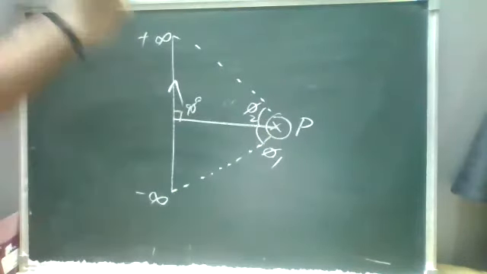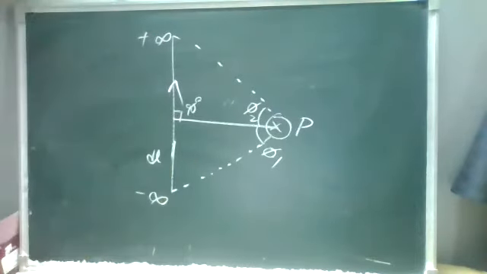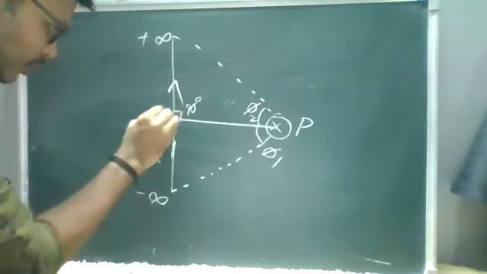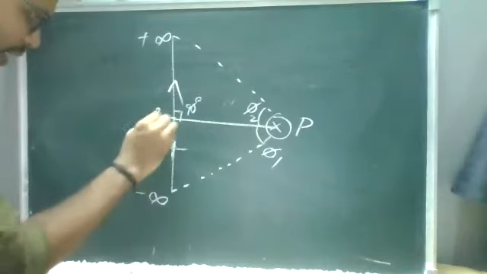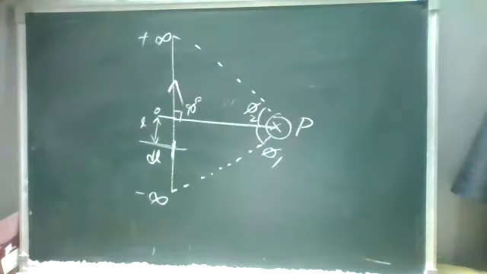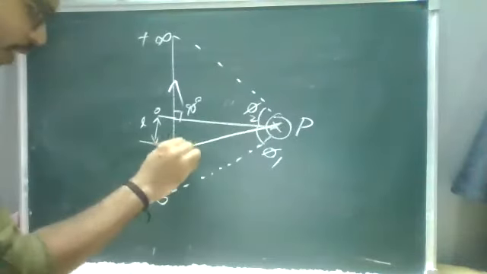Now in the conductor, at any point, I'm taking a small element dl. Assume this point is O, and the length is L. For this dl, I'm drawing one more line making an angle theta.